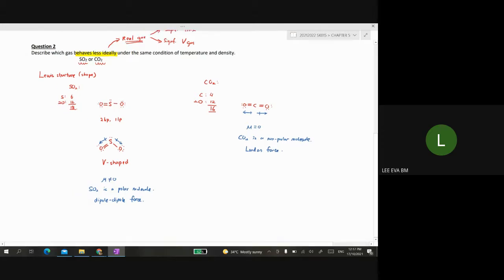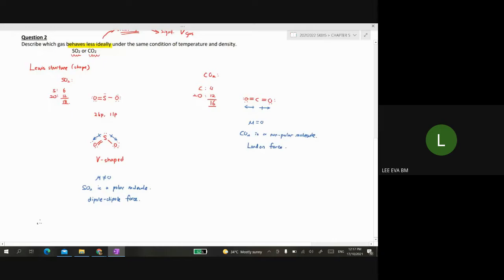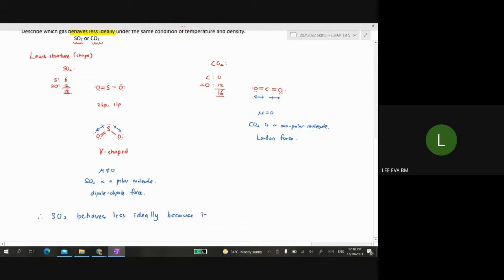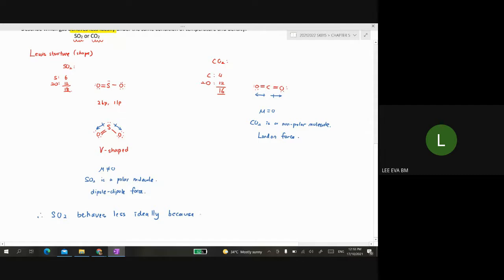Okay, so we write our sentence over here, yeah? Okay, so sulfur dioxide behaves less ideally, and you need to give a little bit of reason, explain a little bit more. Because it's dipole forces. You can copy down after you have done the structures on the top over there.